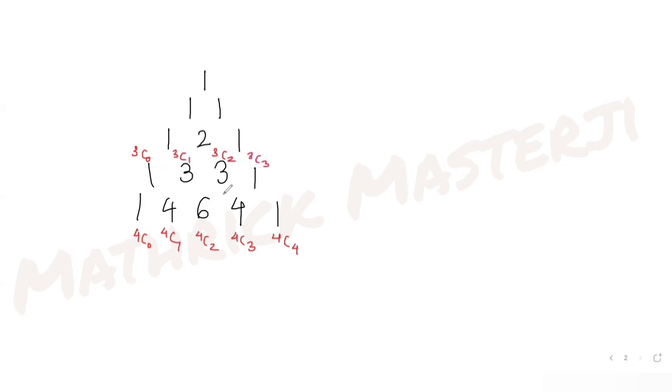So whenever you have an odd number, that is 3, you have 4 terms, and when you have 4 terms, the middle 2 terms are the greatest values. So 3C1 and 3C2 are the greatest values. Let's also take 5 for a better understanding.